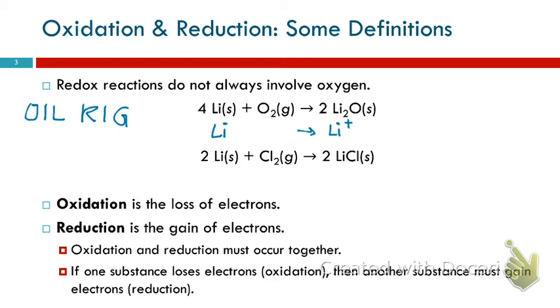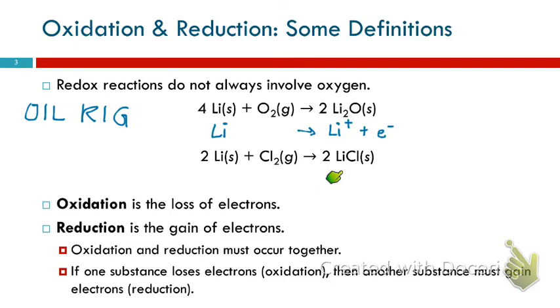It has to do with electrons. You lose an electron. So if we remove an electron from the lithium atom, it becomes an ion. Lithium has lost an electron. Oxidation is loss of electrons. The same thing is happening here. Lithium atoms are becoming lithium ions.